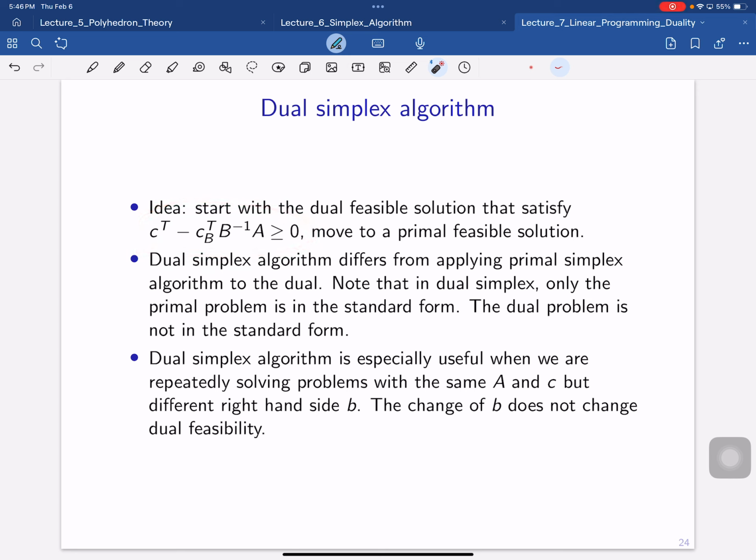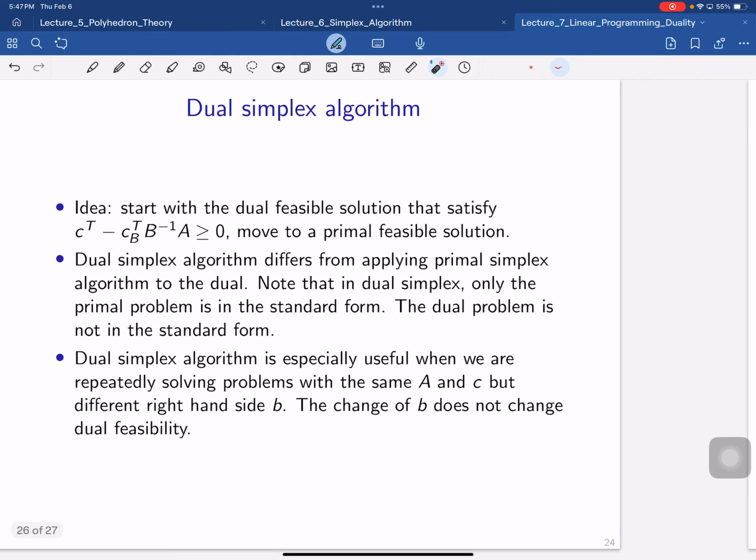In mixed integer programs, we have an algorithm called branch and bound where we are changing the right-hand side of the feasible region. So we set x equal to 0, x equal to 1, and so forth. Primal feasibility will change if you change the right-hand side, but dual feasibility won't. That's why dual simplex is very useful in solving mixed integer programs. I will revisit that when we talk about branch and bound.